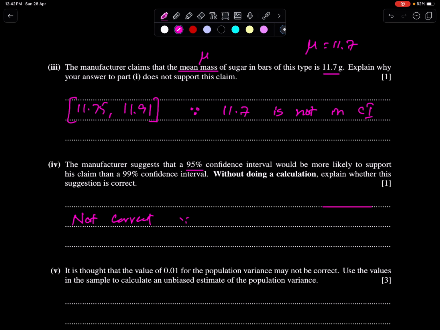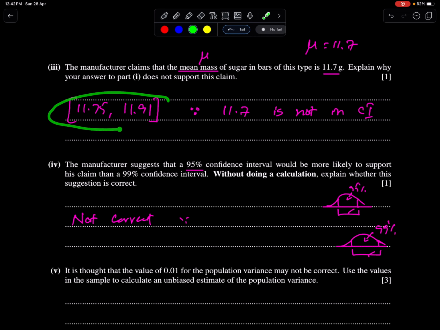You can understand this in this way. This is 95% confidence interval. So this is narrower than 99% confidence interval. This is 99%. I mean, these limits are small and these limits are large. This is the maximum difference, 99% confidence interval.